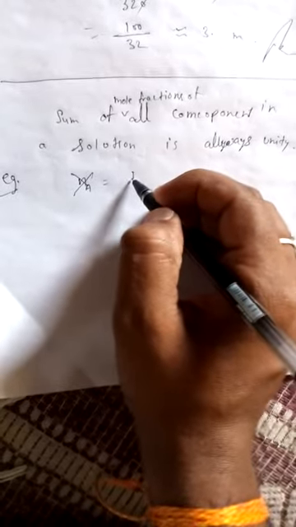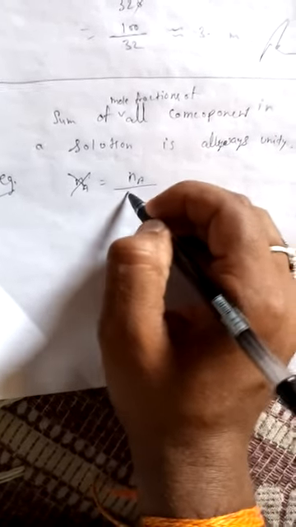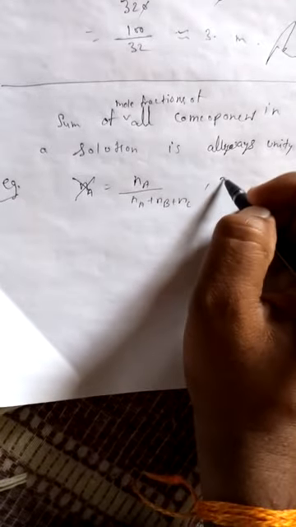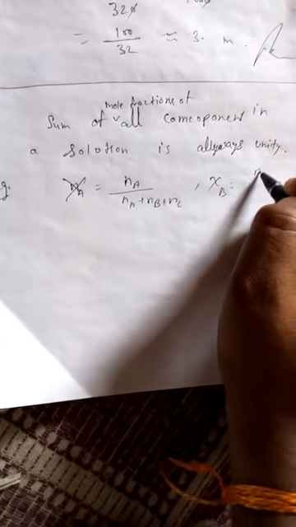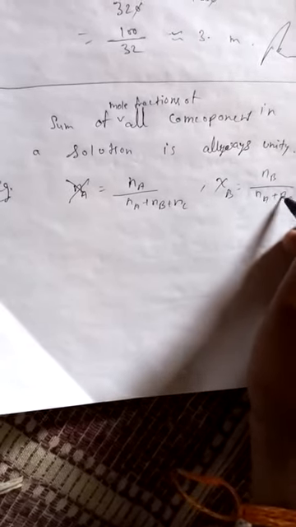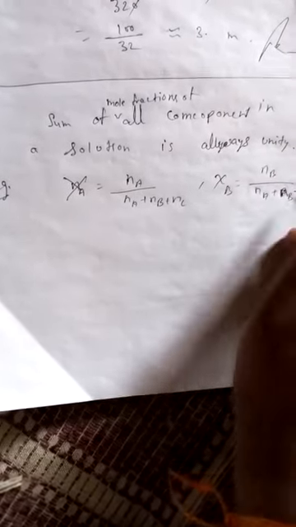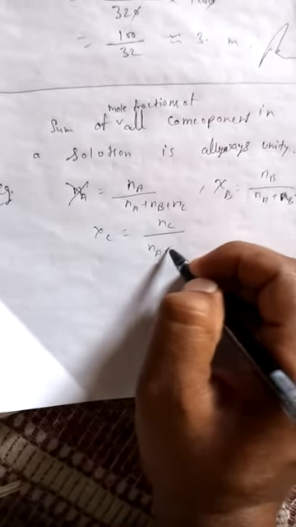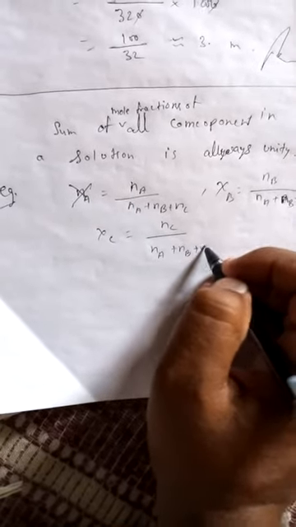chi A is equal to Na upon Na plus Nb plus Nc, chi B is equal to Nb upon Na plus Nb plus Nc, and chi C is equal to Nc upon Na plus Nb plus Nc.